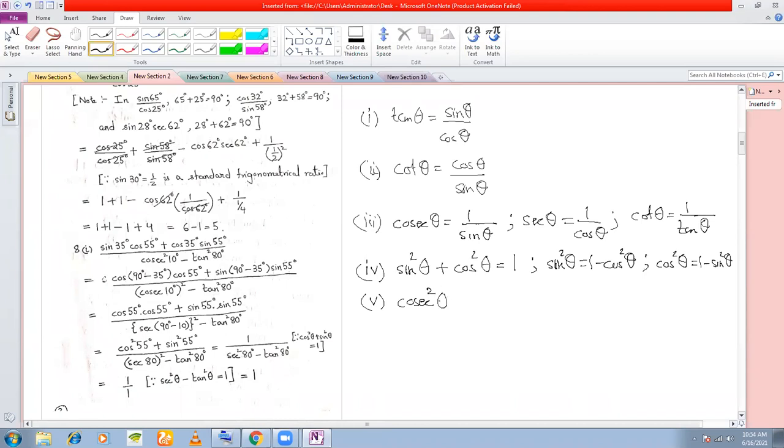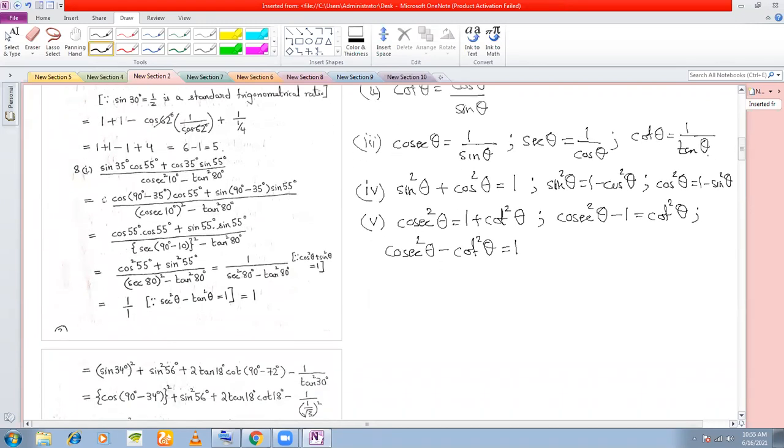Cosec square theta is equal to 1 plus cot square theta. Another form of this is cosec square theta minus 1 is equal to cot square theta. And the third form is cosec square theta minus cot square theta is equal to 1. All three forms we shall be using.